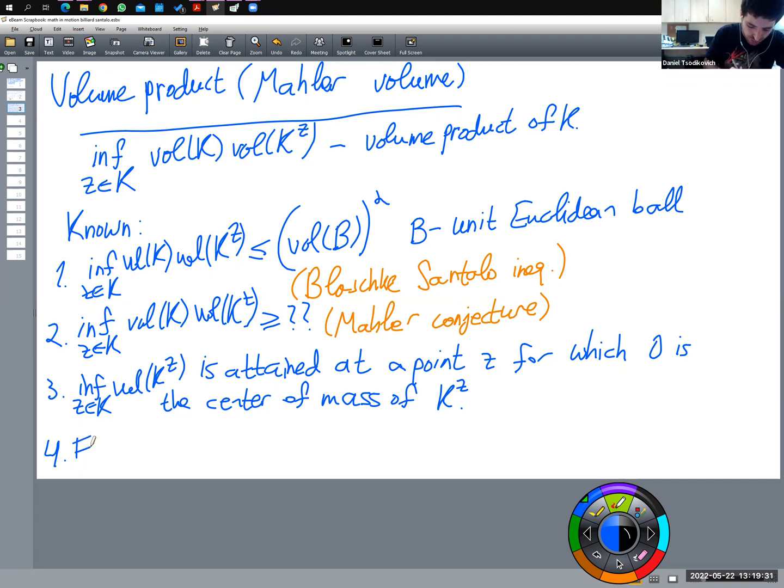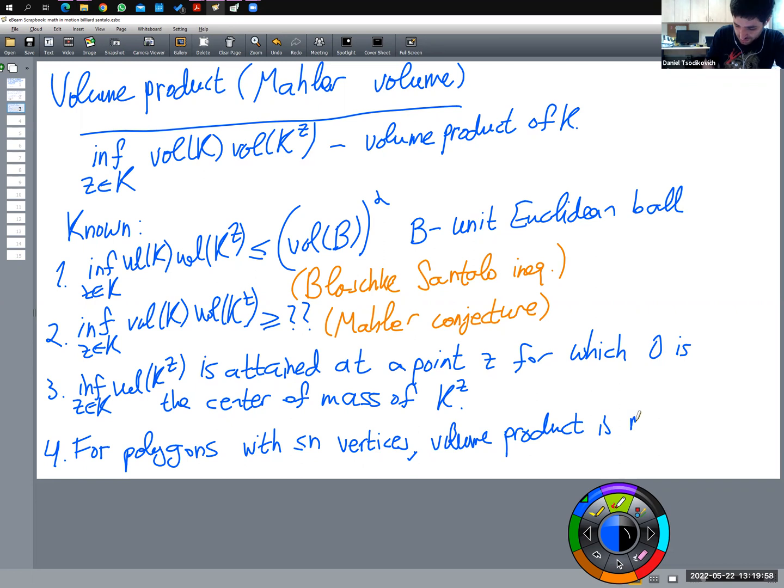So for polygons with at most n vertices, the volume product is maximized at the regular polygon, the regular n-gon.